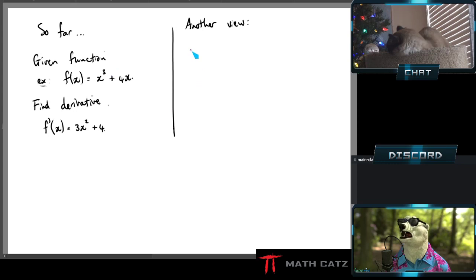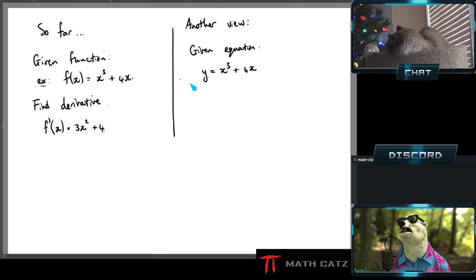Instead of looking at this as a function, if you go way back to the very first introduction lecture where we talked about functions and equations, I said that I could look at a function as an equation. And some equations where I can solve for y, I can then see as a function.